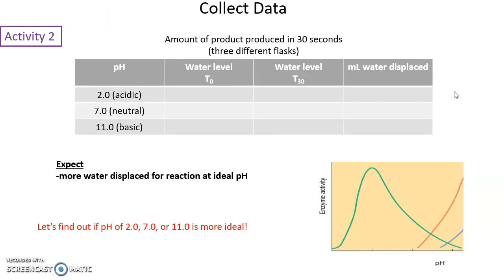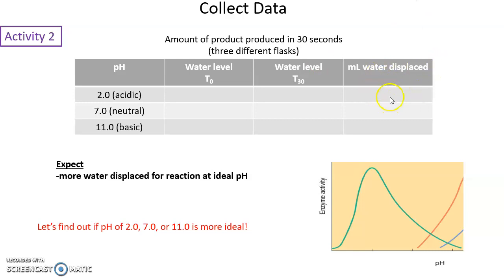So, in the lab activities, we will compare 3 different pHs: acidic, pH of 2, neutral, pH of 7, and basic, pH of 11. We will compare what the water level is before the chemical reaction started to the water level after 30 seconds of allowing the collection of oxygen as peroxidase breaks down hydrogen peroxide.